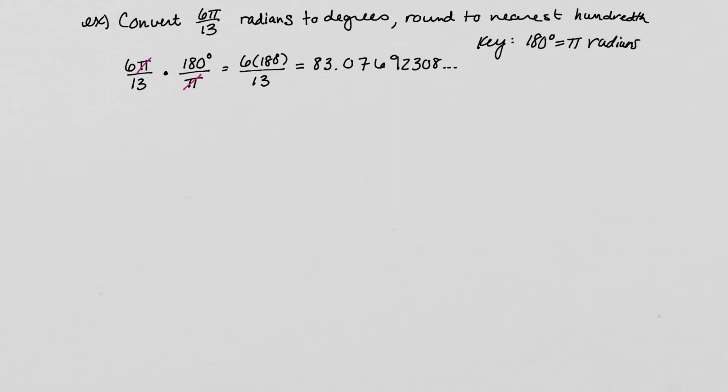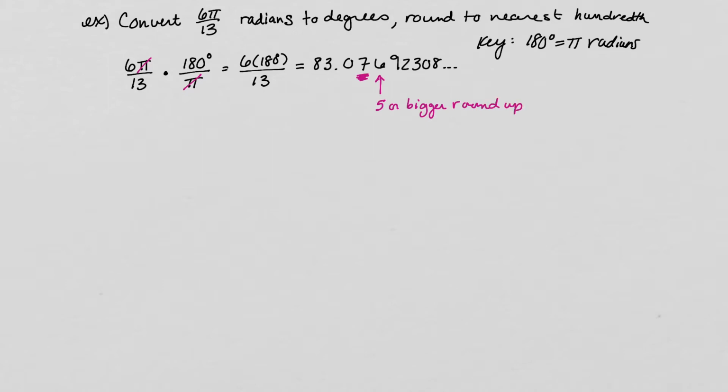Okay. So now all you have to do is round to the nearest hundredth. So remember, the hundredth place is the second decimal place. And when we're rounding, we always look at the next number. So if this number here is 5 or bigger, we round up.